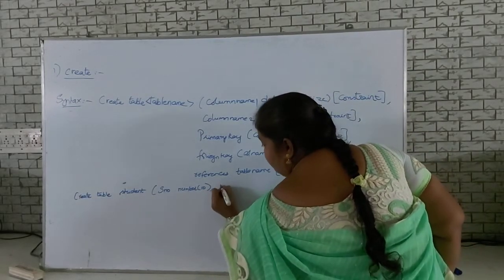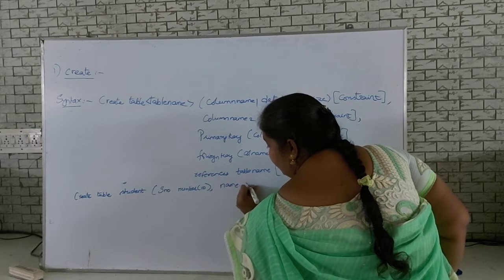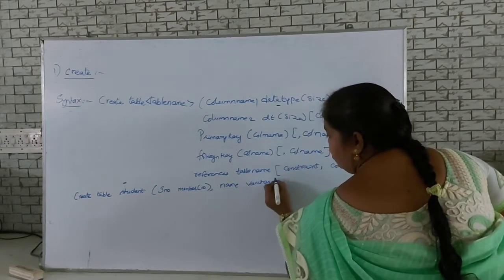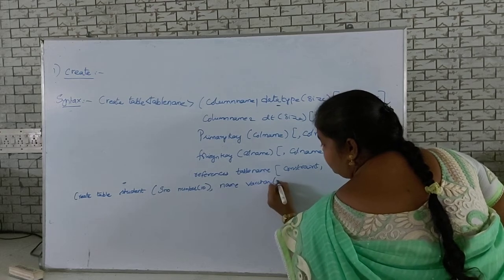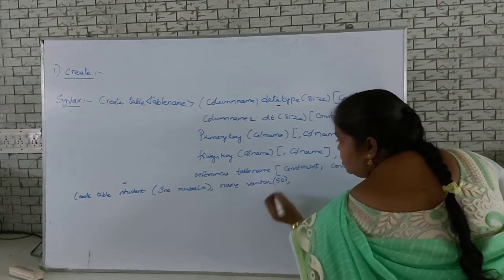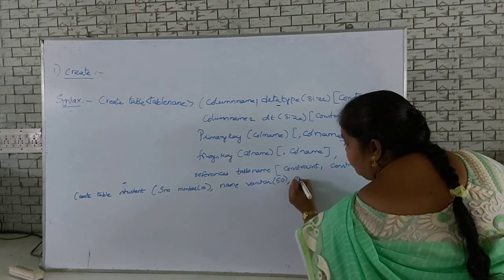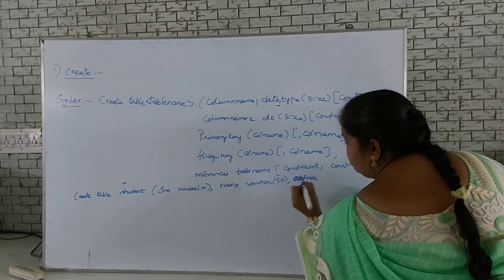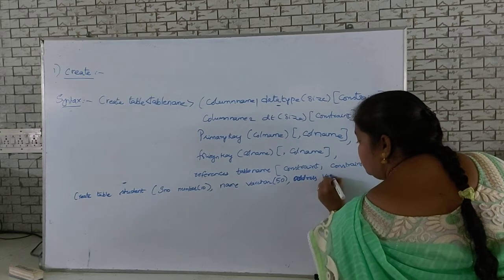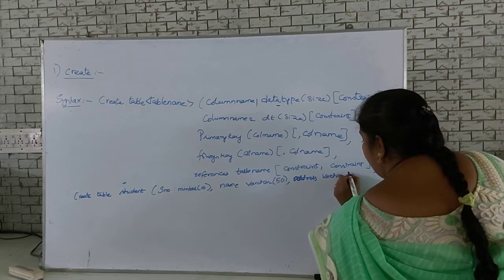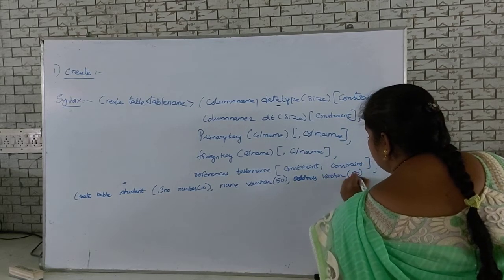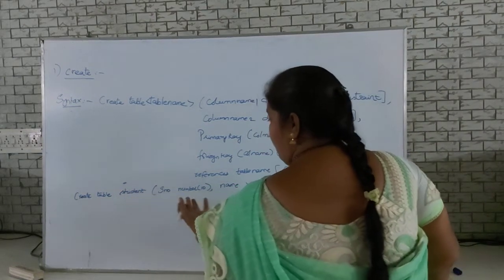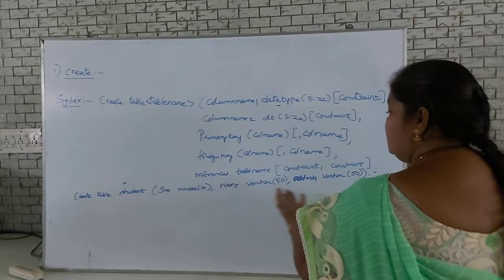Next, name, which can be taken as varchar, that means string data of size 50. Address of the student can be stored in varchar data type. So I have taken the student table having the column names serial number, name and address.